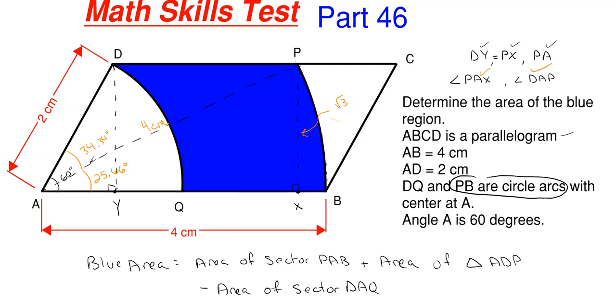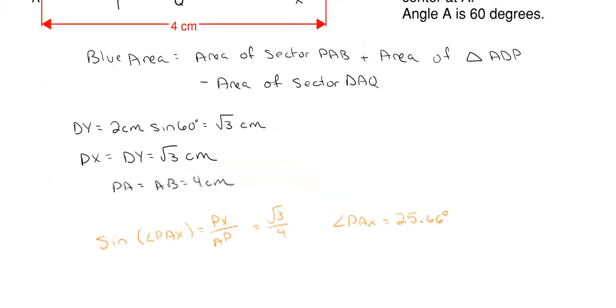And then we're going to be utilizing our 1/2 base times height here for our triangle of ADP, utilizing this angle right here to get my height because I'm going to use the 4 centimeters as my base. And then lastly, using the 60 degrees here with my radius of 2 centimeters for this circle sector in white. So utilizing all that information, let's go ahead and write the equations here.